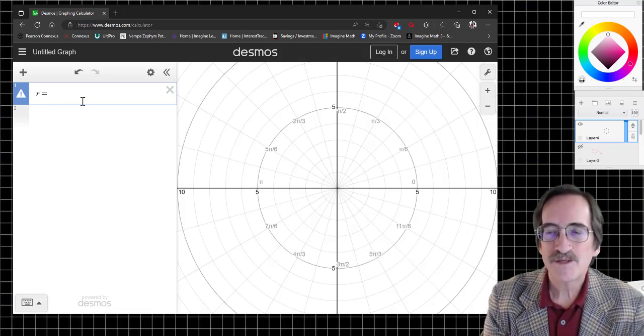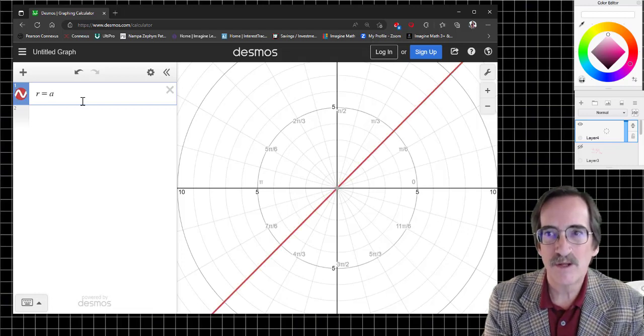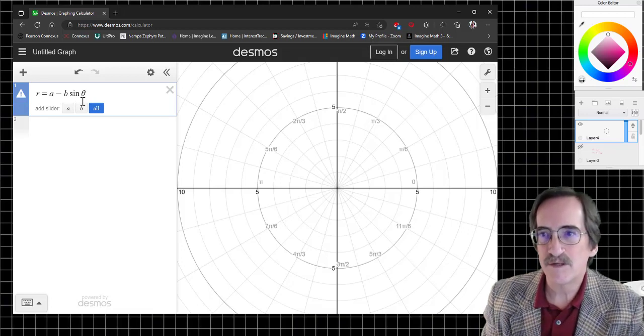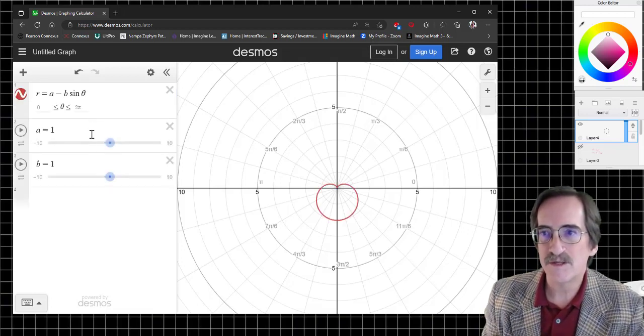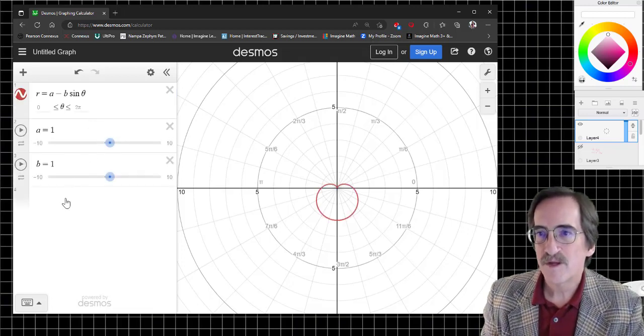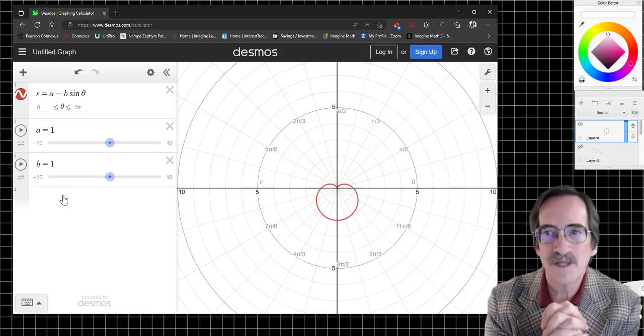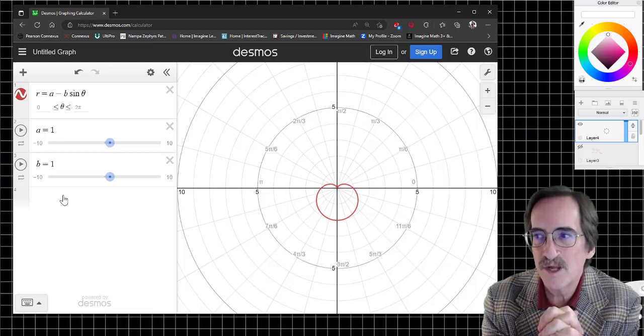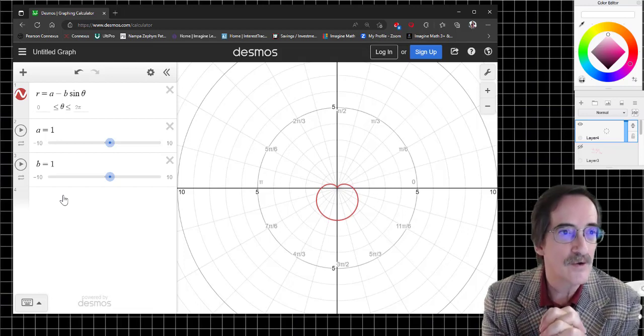So limaçons are a class of functions that follow this pattern: a plus or minus b sine or cosine theta. I've just created sliders for both, a equals 1 and b equals 1, and that creates a shape called a cardioid.